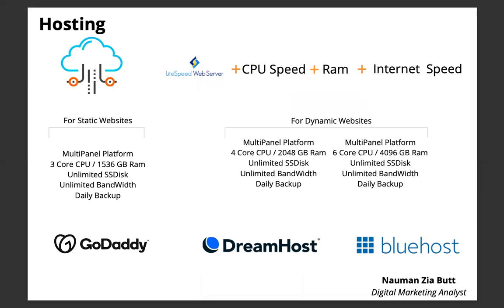But if you are using a dynamic website, you need a good server, with a minimum 4-core CPU, and the RAM must start at 2048 MB, and you can go with 6-core or 7 or 8-core, whatever. It depends on the price you are willing to pay for that.